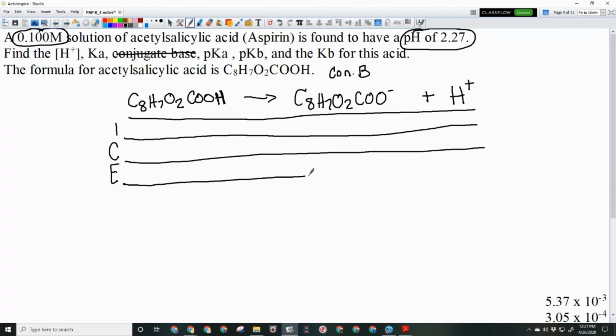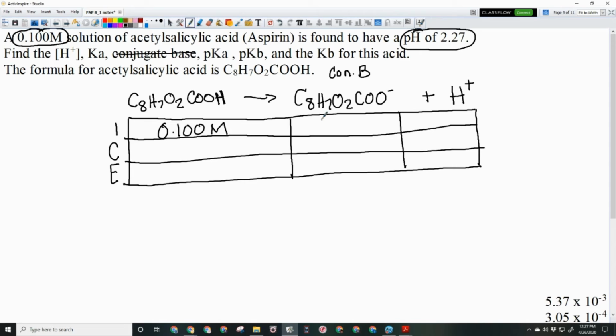This is going to be the column for my H. This is going to be the column for the conjugate base. And of course, this is the column here for the aspirin. So it tells us that we're beginning with 0.100 molar solution. So we can go ahead now. Let's just fill out our ICE chart.